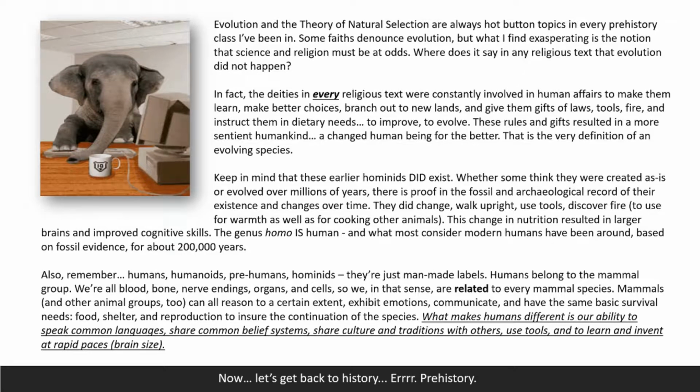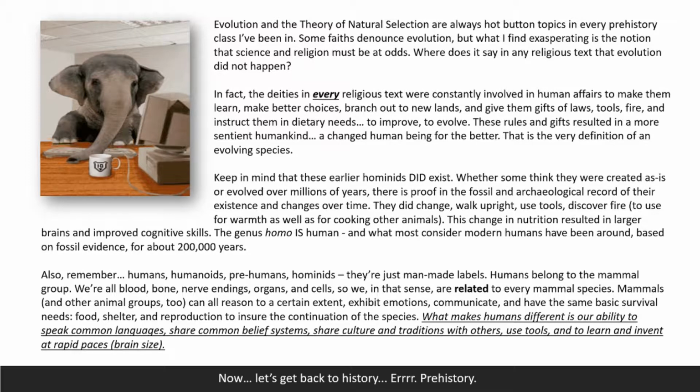One more note. Remember, humans, humanoids, prehumans, hominids, they're just man-made labels arbitrarily agreed upon. Humans belong to the mammal group. We're all blood, bone, organs, eyeballs, tissues, muscles, cells, so we all are in a sense related because of these biological and chemical makeup.